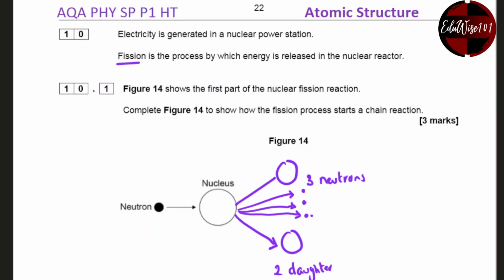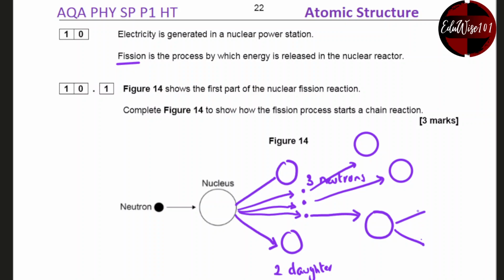Each of these 3 neutrons can actually go and break up another unstable nuclei, right? So as you can see, one neutron can break one nucleus, and from the resulting 3 neutrons, they can break down 3 different unstable nuclei, and each of them can actually break down further.